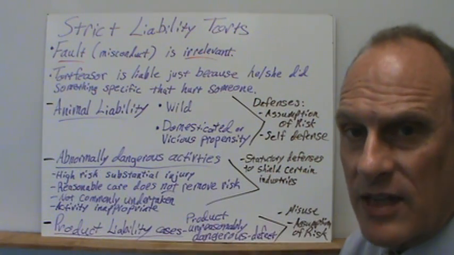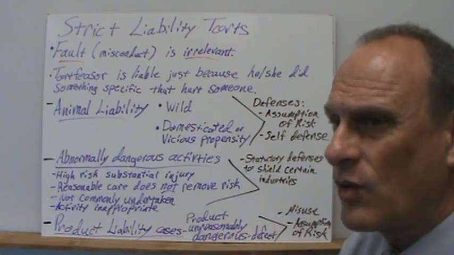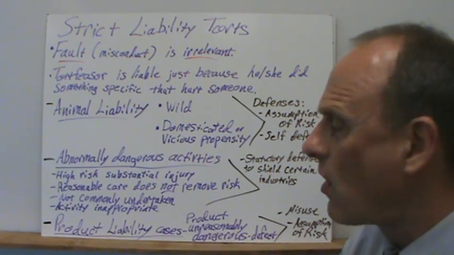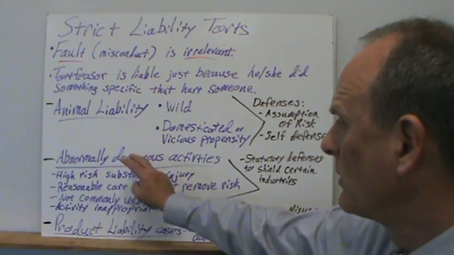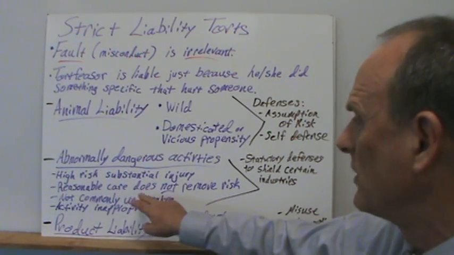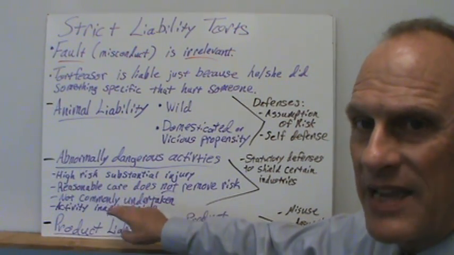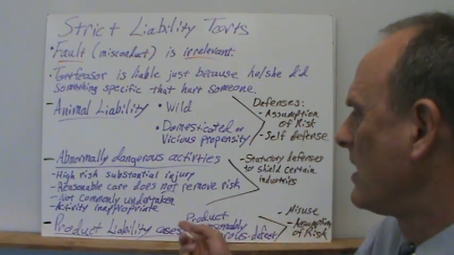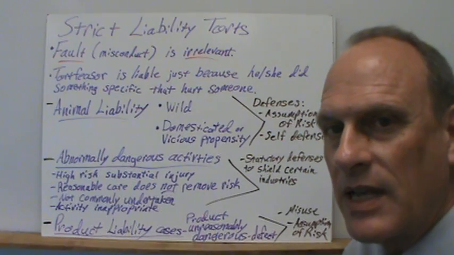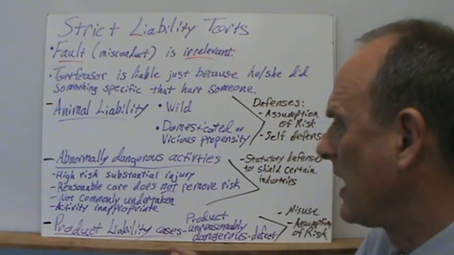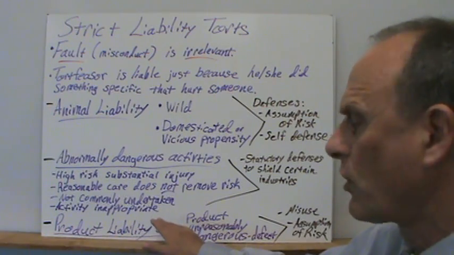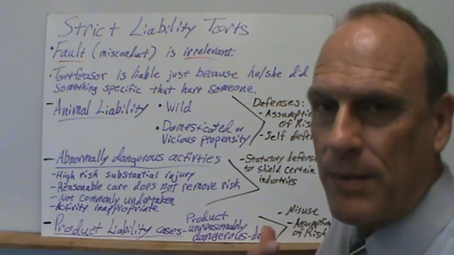Abnormally dangerous activities. These are activities that are just so dangerous they can't even be done in a safe way. You can't remove all risk. Here are the elements: a high risk of substantial injury, that being careful, using reasonable care doesn't remove that risk. These activities are not commonly undertaken, and under this instance, that activity is taken in an inappropriate place, like maybe blasting.